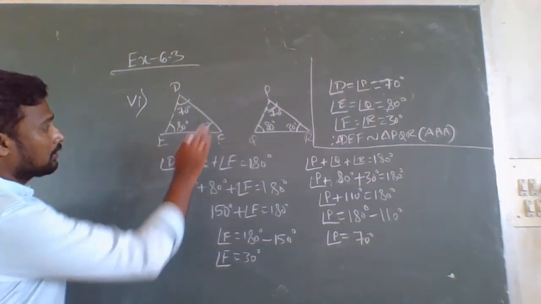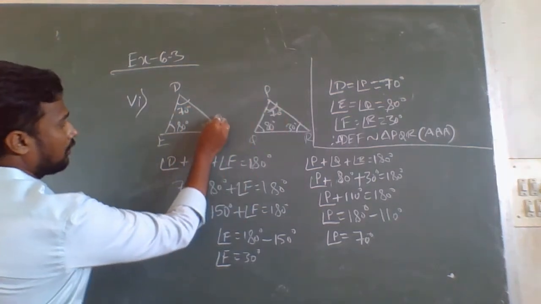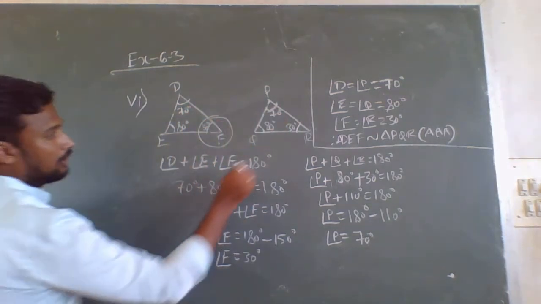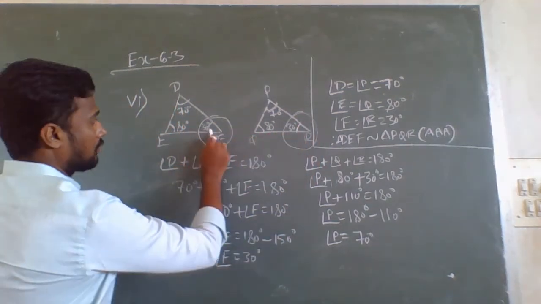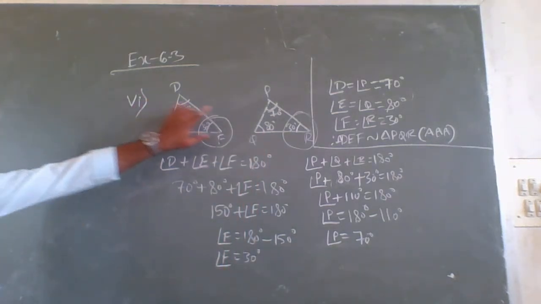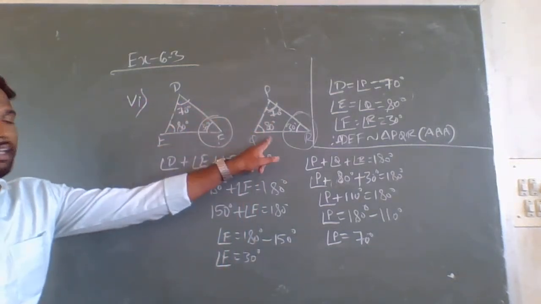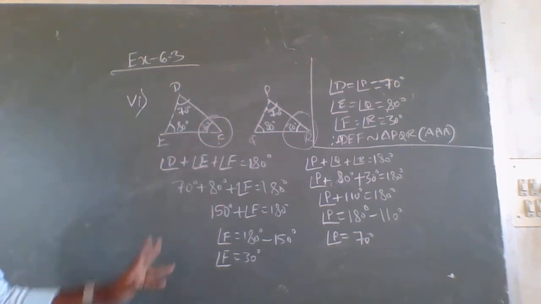Suppose for example they are not given angle F and R, which are 30 degree, and they are given 70 degree and 70 degree, 80 degree and 80 degree, that is, the size of two angles.